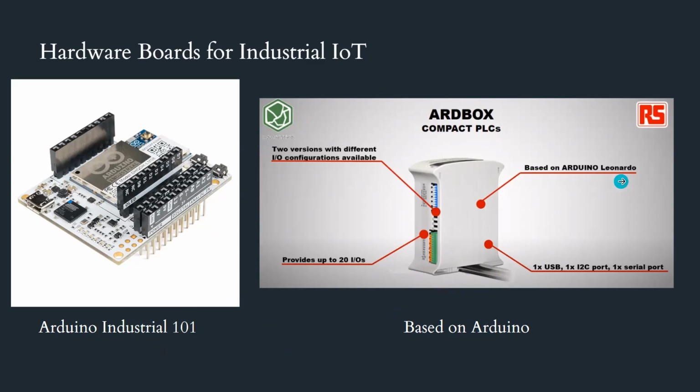Based on an Arduino processor, we are building this PLC, and we are allowing a lot of input and output pins, which allow a lot of sensor data to be collected and output from this device. And then we have different USB connections and ports enabled, which allow communication between this device and other components.